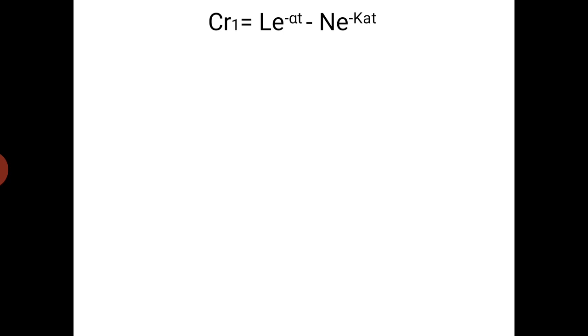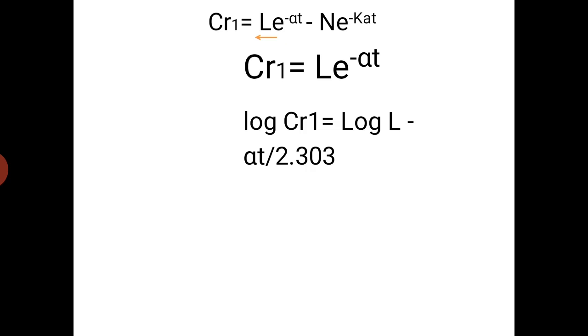Absorption will complete initially, and for some more time the distribution will still exist. So the absorption term can be considered as 0, and the term N e raised to minus k_a t becomes 0. Finally the equation becomes CR1 back extrapolated equal to L e raised to minus alpha t, and taking the logarithm, log CR1 back extrapolated is equal to log L minus alpha t divided by 2.303.